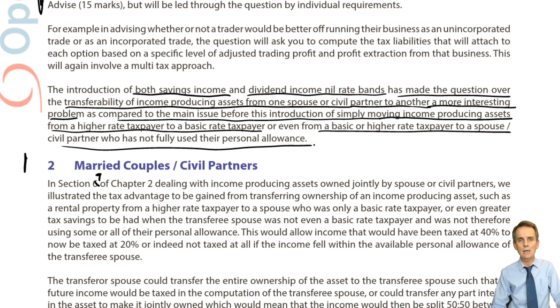Again, that was example 16 that we did at the end of the previous session.